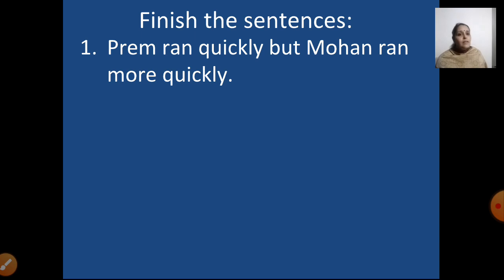So I'll write Mohan ran more quickly. I'm comparing two persons here, Prem and Mohan. So I have used the word more, M-O-R-E, more. Prem ran quickly, but Mohan ran more quickly.